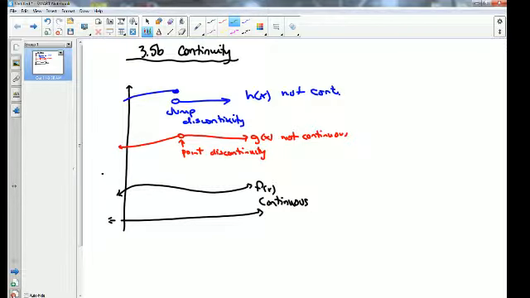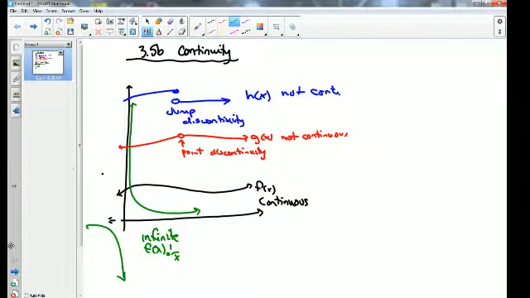What was the last discontinuity we talked about? Yeah, infinite. And I referenced this function, which is undefined at 0, correct?